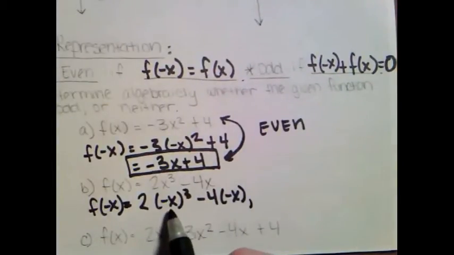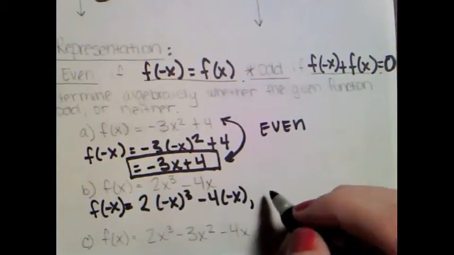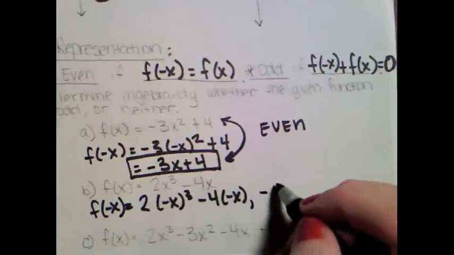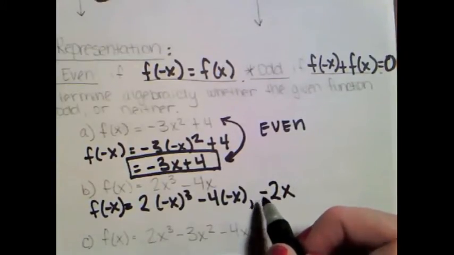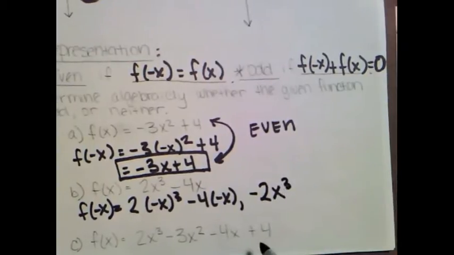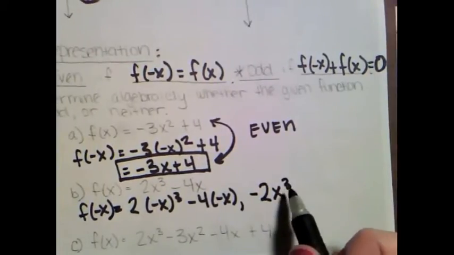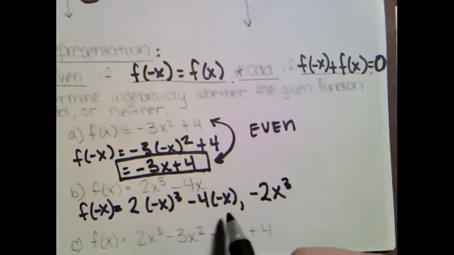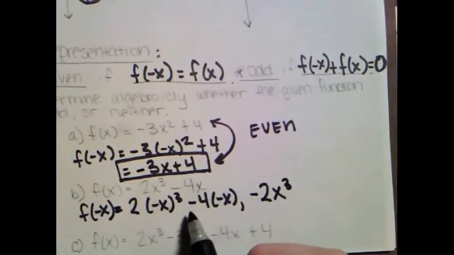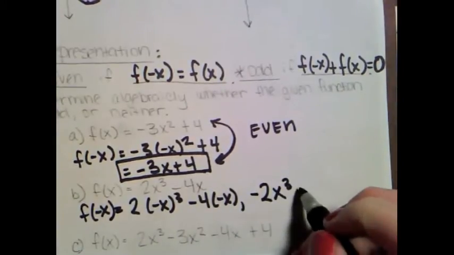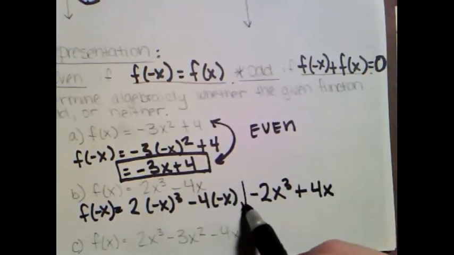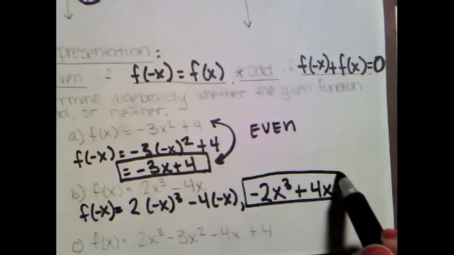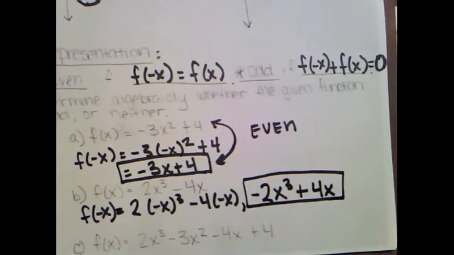This negative x to the third power, that's with a negative x result. So I'm going to pull that negative sign out in front of the 2. There's my result, negative 2x cubed. And then this negative x times negative 4, that's going to give us a plus 4x.